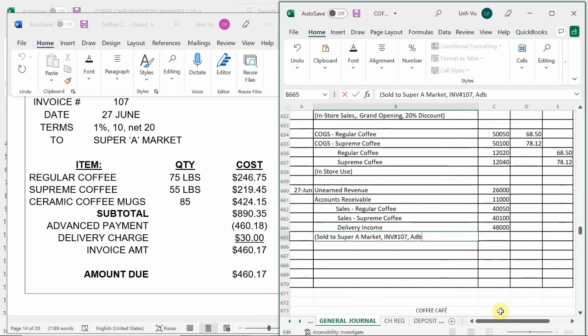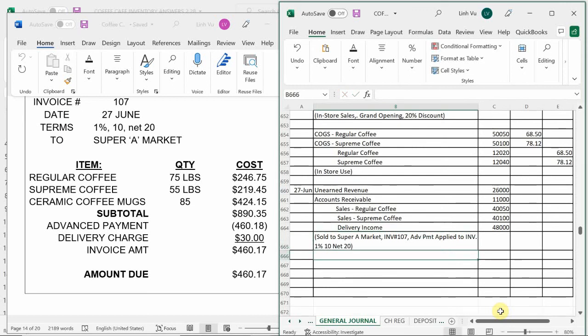We have advanced payment applied to invoice, and we also have the terms of 1%, 10, net 20, right? Because they are making large purchases, they have to give us the money sooner than later.